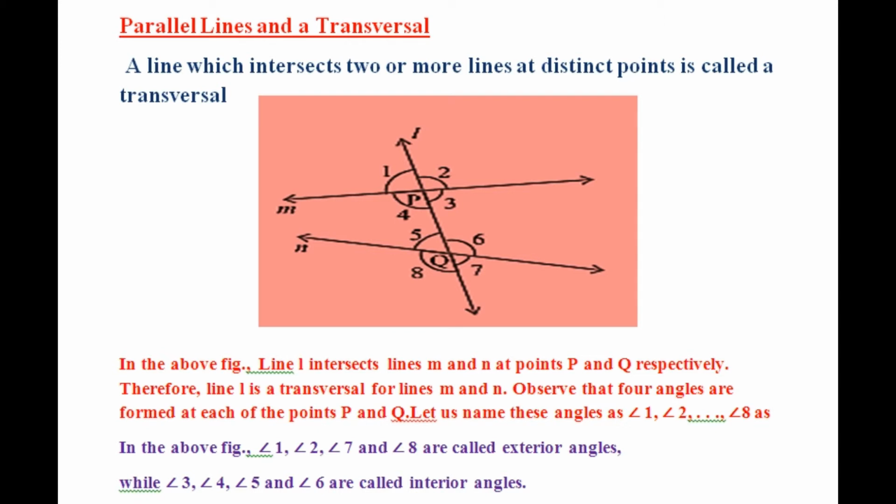You observe those angles in the diagram: angle 1, angle 2, angle 8, angle 7 are outside of the two lines, so they are called exterior angles. While angle 3, angle 4, angle 5 and angle 6 are called interior angles, that is inside the lines M and N. Inside you see four angles there, 3, 4, 5, 6, clear, are called interior angles.